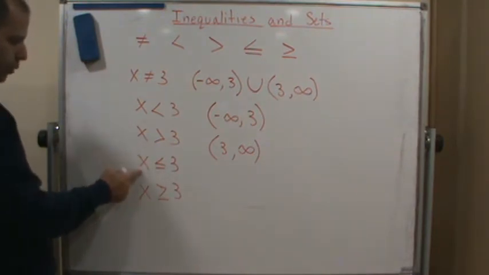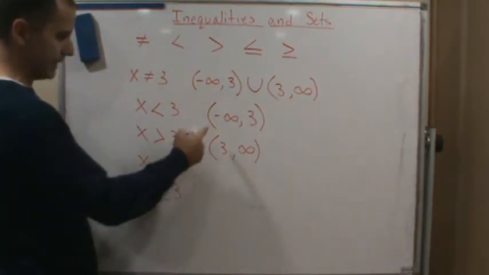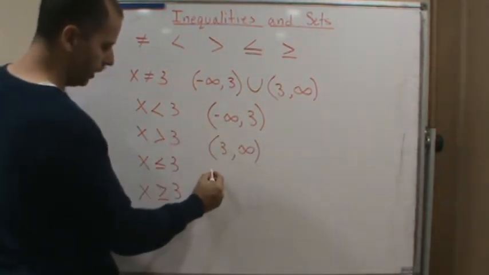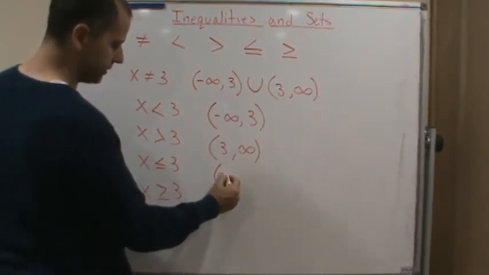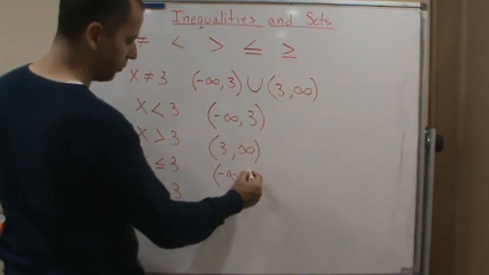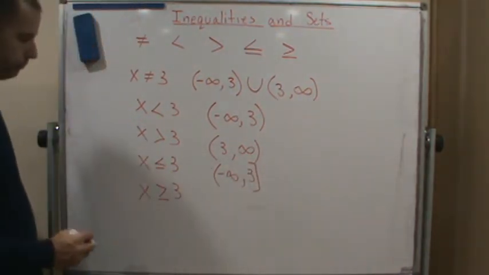And then, with x less than or equal to 3, now that I'm including the equals, I'm saying 3 is in the set. So it goes from negative infinity to 3, but now I'm including 3, so I'm going to use a square bracket.